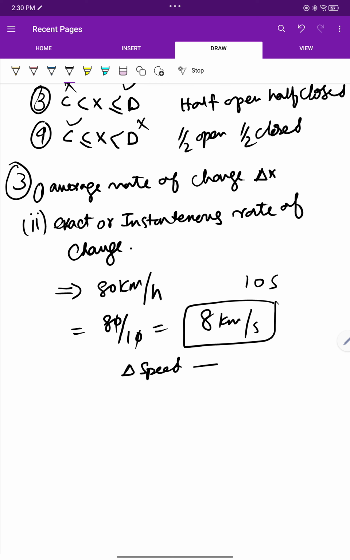You can't count. But here is another thing: in mathematics, average rate of change we represent with the slope of secant line.